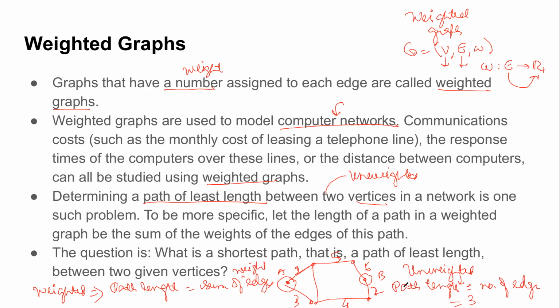So if you had to generalize the definition of path length, how would you do that? If you look, both of them are in a way the same. Can you tell me what would be the generalized definition of a path length? A definition which will hold for weighted as well as unweighted graphs.